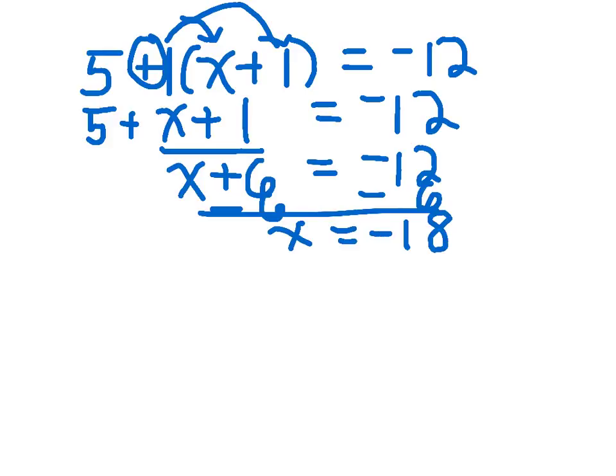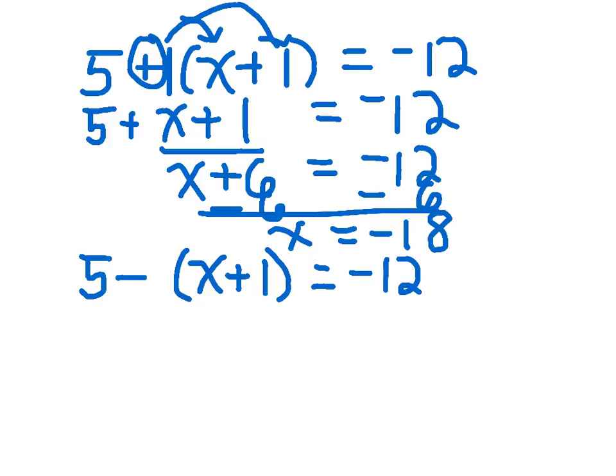Let's look at this same problem if it were 5 minus the quantity x plus 1 equals negative 12. Similarly, I can put a 1 there because it doesn't change the value of the expression.